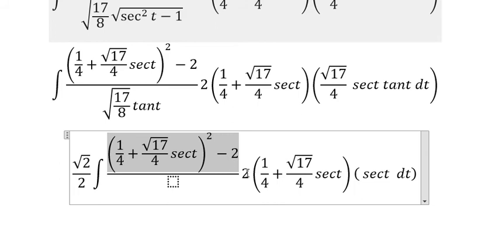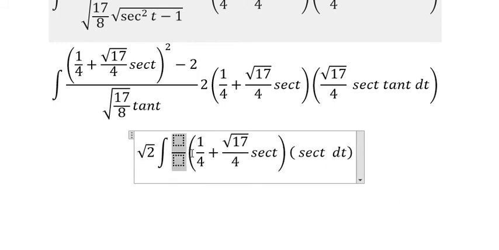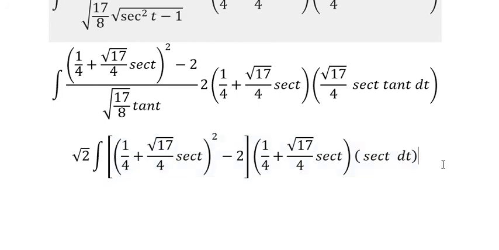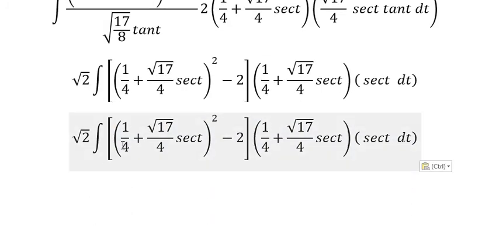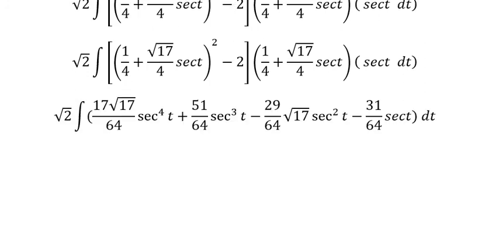We have number 2 in here and we have number 2 in here. We simplify again. Now we multiply everything in here, and that's it, the result after we expand everything in here.